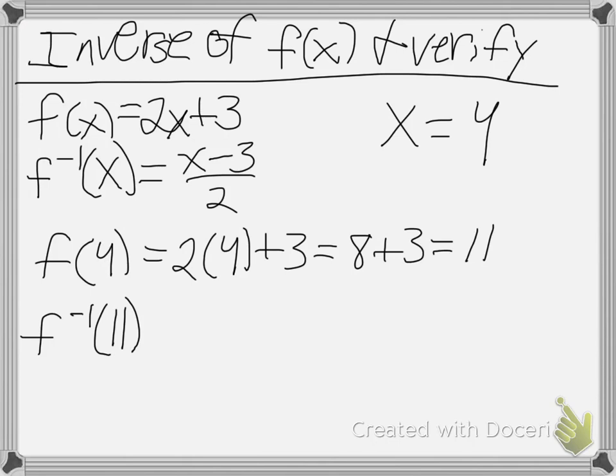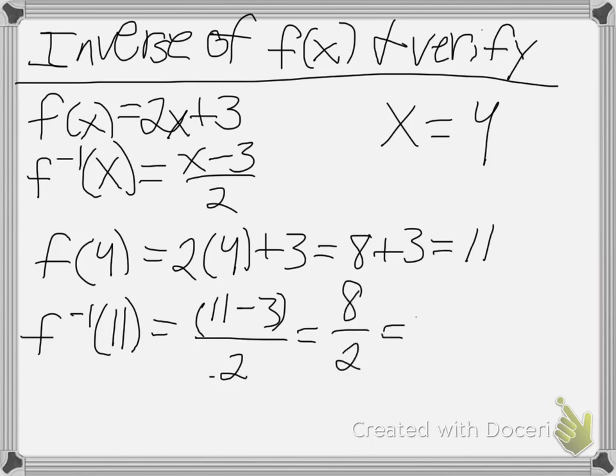So the inverse of f of x, when it's equal to 11, so you do 11 minus 3 all over 2. And on the top, you would get 8 divided by 2 is equal to 4. Now look at that.